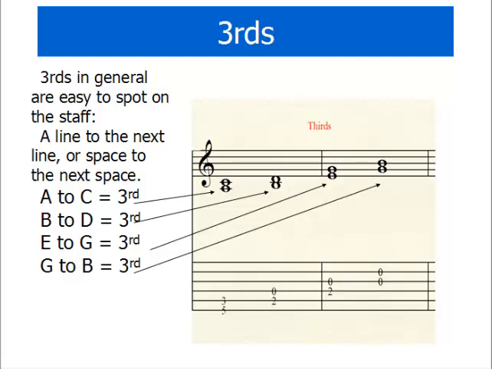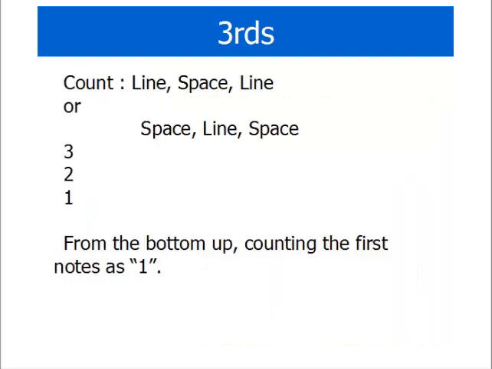The last one is G to B, and these are all thirds. Now, again, you count line, space, line, or space, line, space, whatever you're starting from as the bottom, and it's numerically 1, 2, and 3. You always count the bottom note as 1.